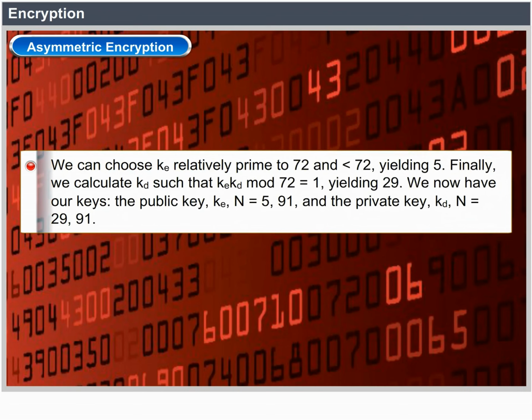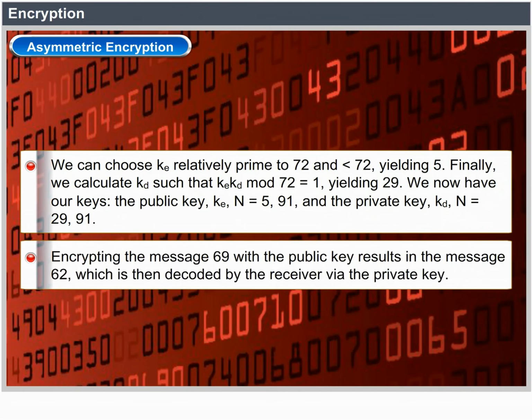Finally, we calculate KD such that KE KD mod 72 equals 1, yielding 29. We now have our keys. The public key KE,N equals 5, 91, and private key KD,N equals 29, 91. Encrypting the message 69 with the public key results in the message 62, which is then decoded by the receiver via the private key.